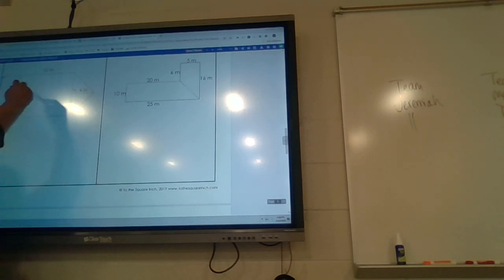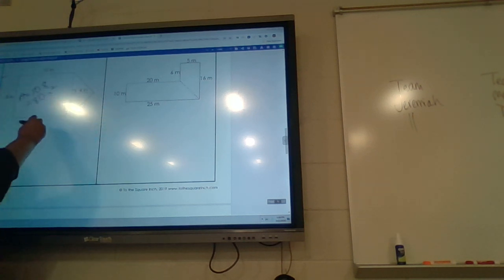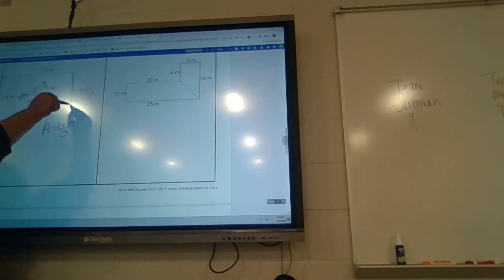Okay, so now this rectangle, what's the base and height? Base is 10 times 8, so this is 80 inches squared. Now what about the area of a triangle? Base times height divided by 2. So that's my height. I already got my height. What's my base? 8.